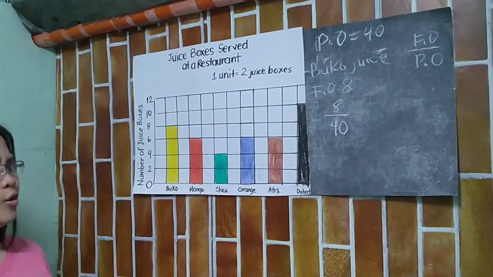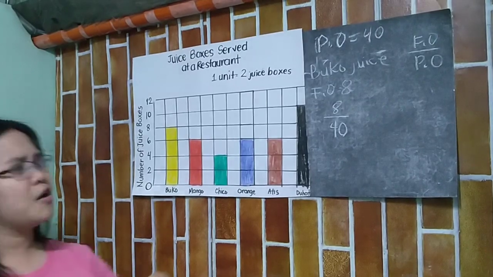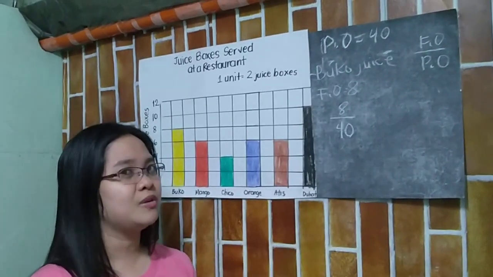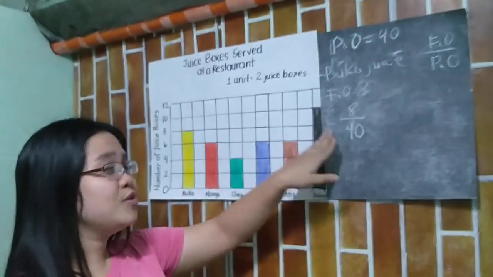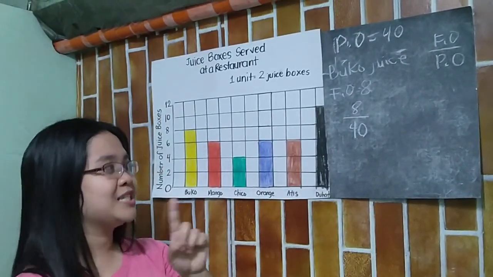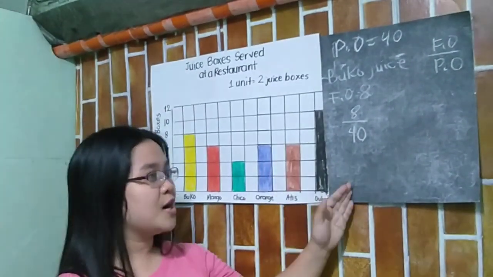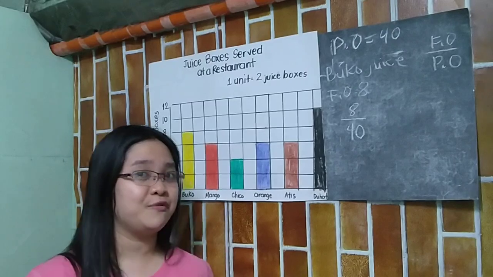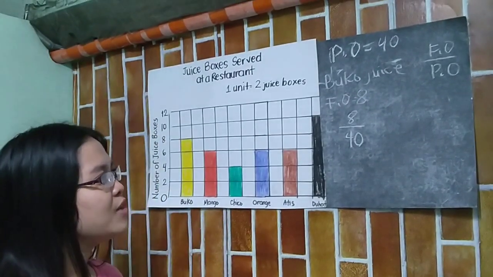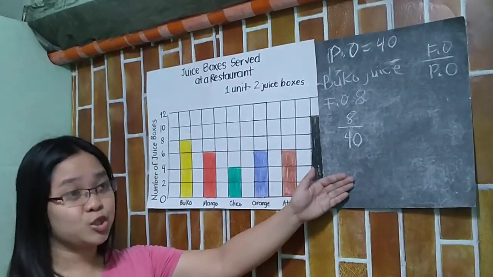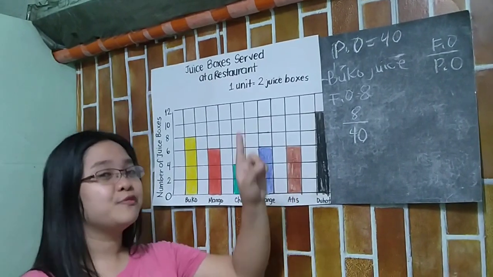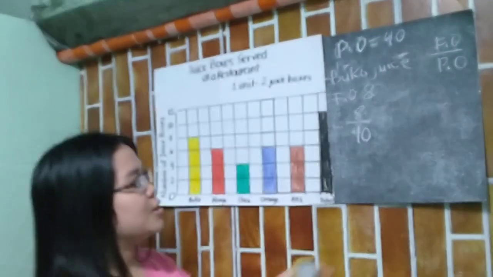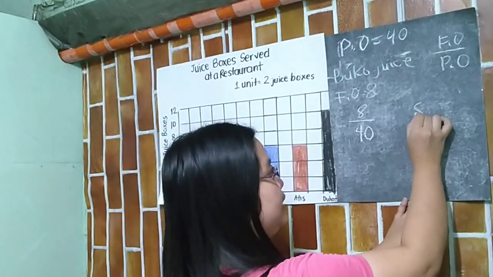So 8 over 40. But take a look at our answer. It's quite big. We have to get its lowest term, especially if your fraction needs to be simplified. Okay? So how can we simplify this fraction? Simple as this. Find its GCF. So we have 8.